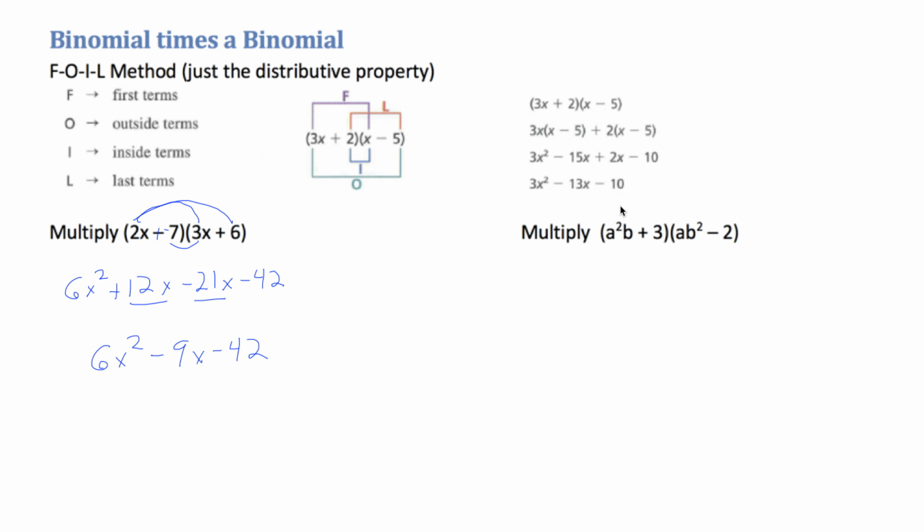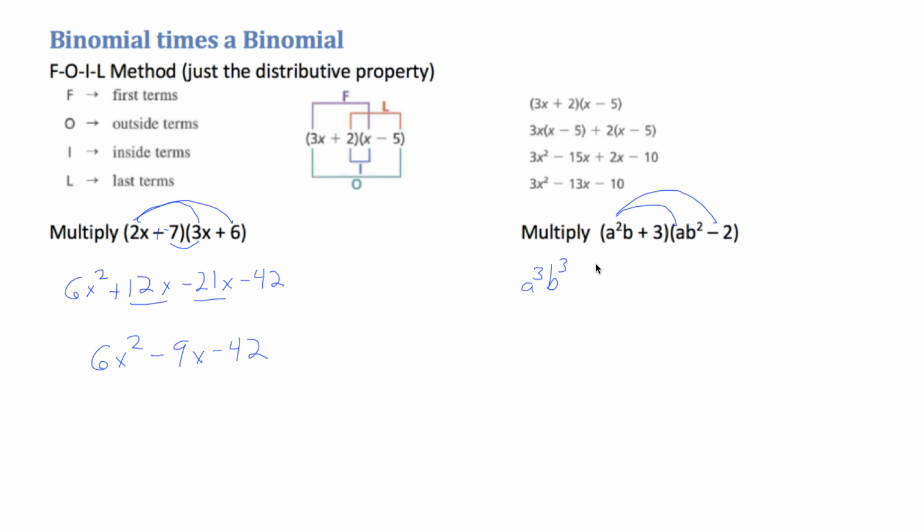Over here, same idea. So we have first terms, so a squared b times ab squared. Well, a squared times a is a cubed, and then we have b times b squared, which is b cubed. Then we multiply these two.